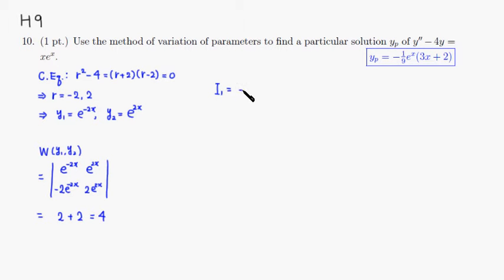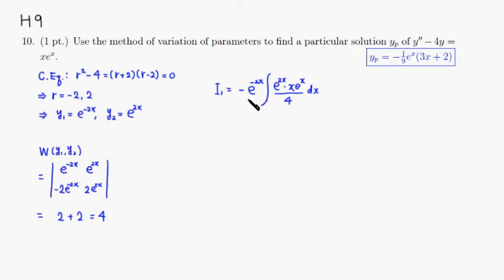Remember that it's negative y1, so e to the negative 2x, times the integral of y2, e to the 2x, multiplied by the right-hand side, x e to the x, divided by 4, dx. Let's compute that.